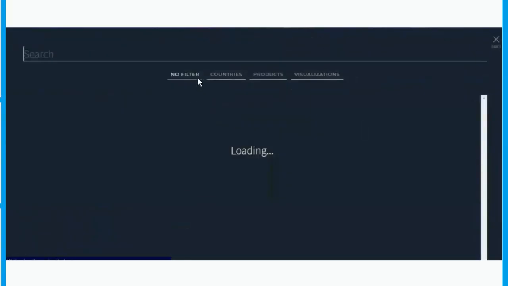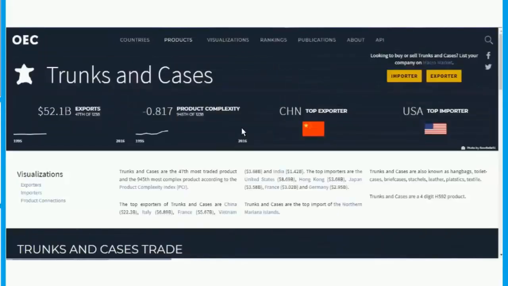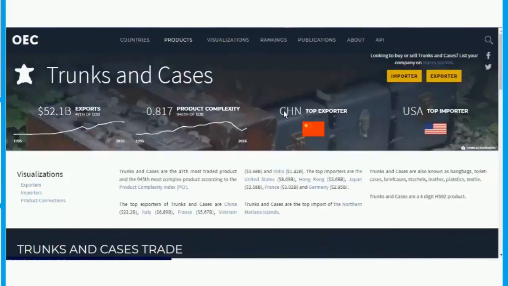Also, we can look for products. We can see all the products, but we can also use the magnifying glass to look for another product, let's say, leather. So we're going to see that the top exporter of trunks and cases made of leather is China, and the top importer is the USA.